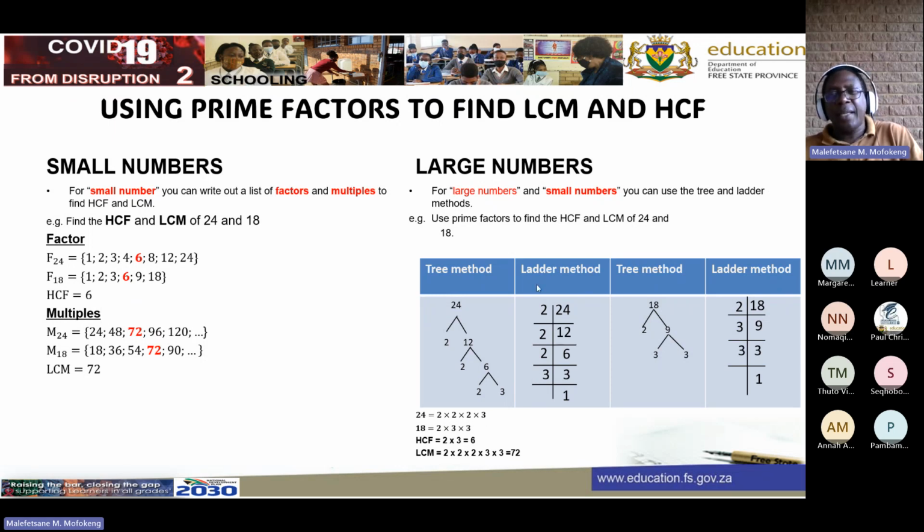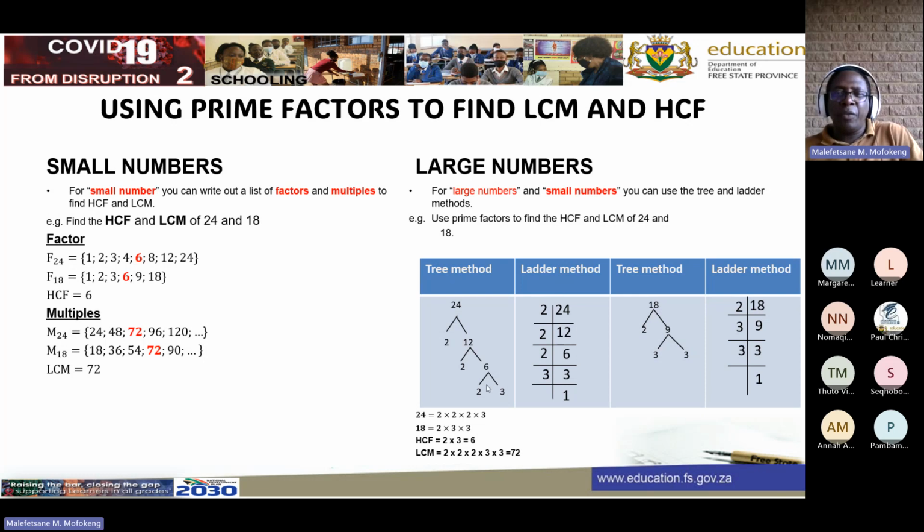We can also check with the ladder method: 2 goes into 24 how many times? 12 times. 2 goes into 12 how many times? 6 times. 2 goes into 6 how many times? 3 times. Then we switch to the next prime number, 3, which goes into 3 once. Therefore, the prime factorization of 18 is 2 multiplied by 3 multiplied by 3.